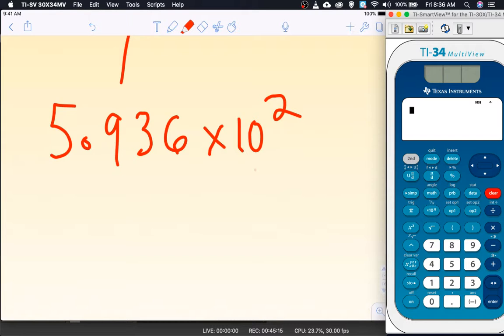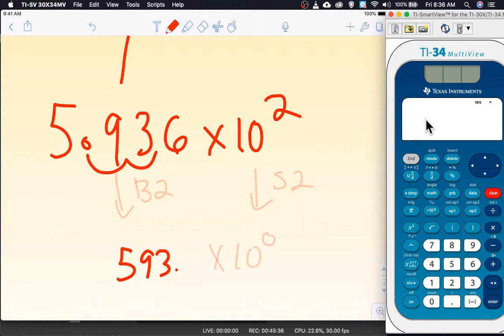So I'm going to make this times 10 to the power of 0. I'm going to make my power of 10 go away. To do that, my exponent needs to get smaller by 2, so my decimal piece gets bigger by 2. 593.6 is my standard form.